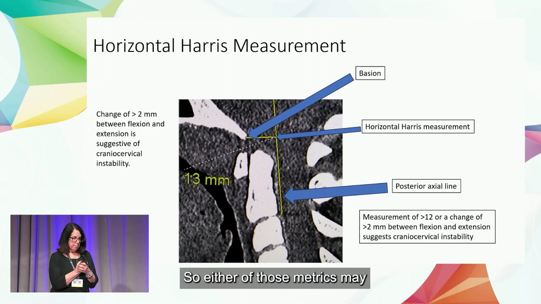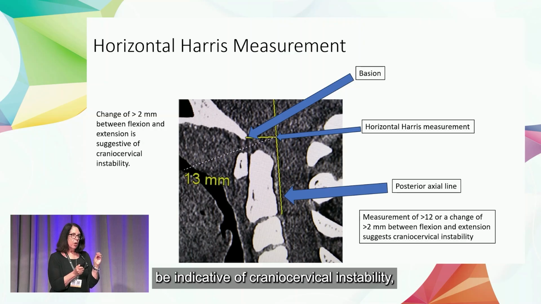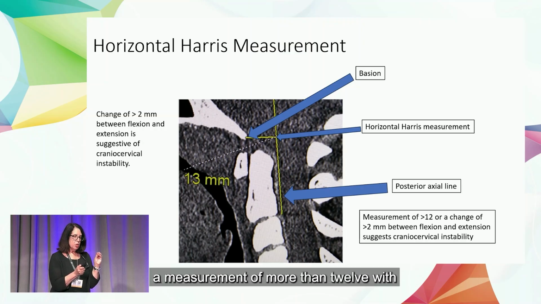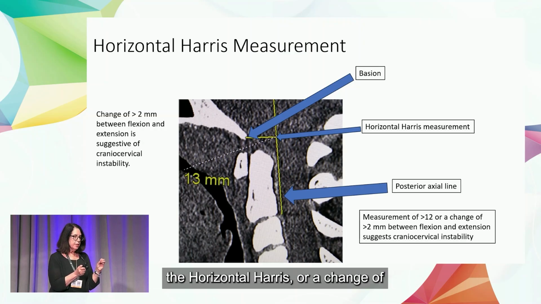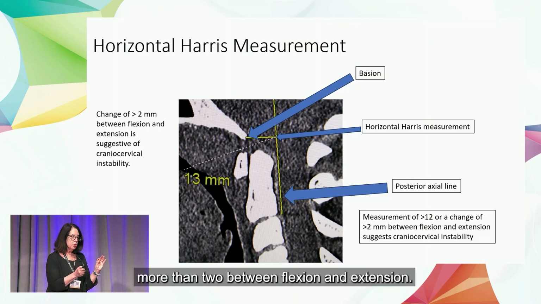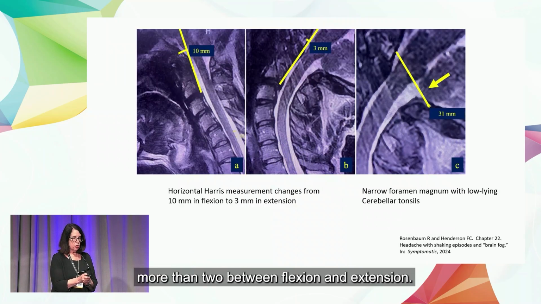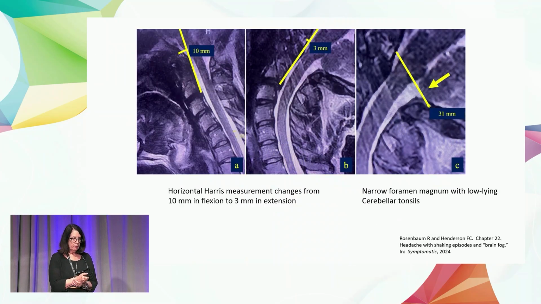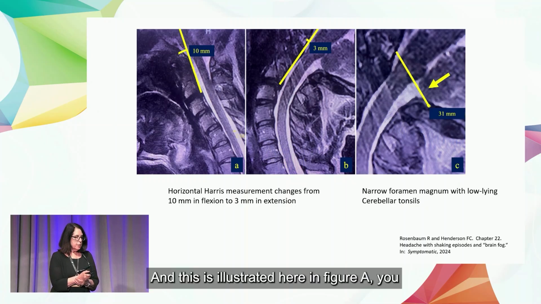So either of those metrics may be indicative of craniocervical instability: a measurement of more than 12 with the horizontal Harris, or a change of more than 2 between flexion and extension. And this is illustrated here.